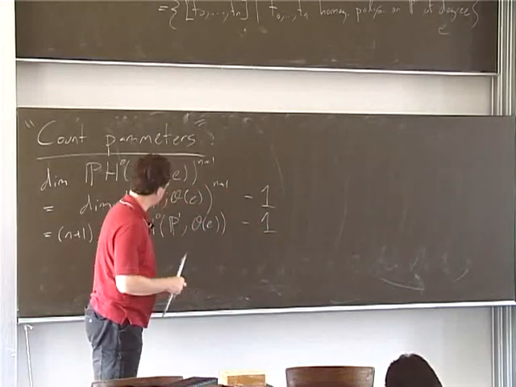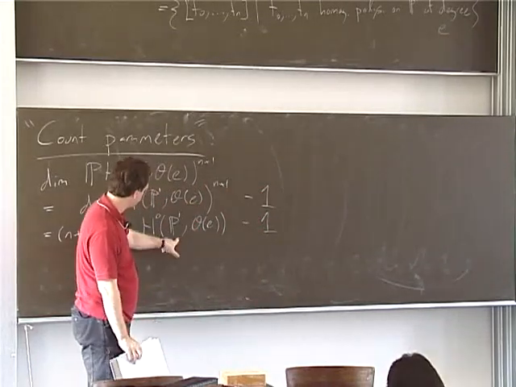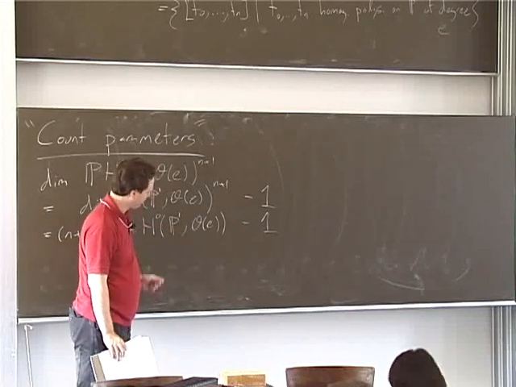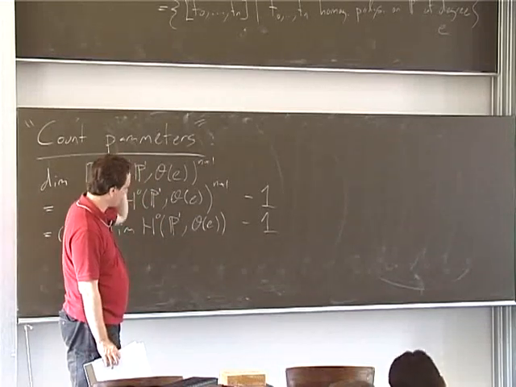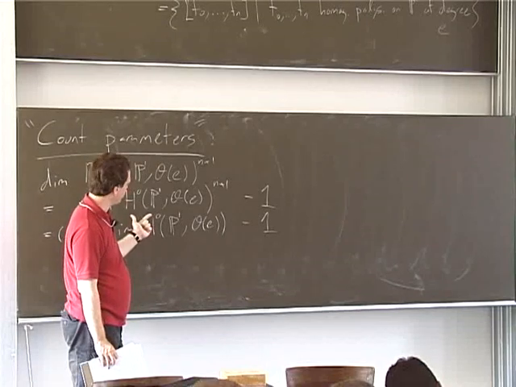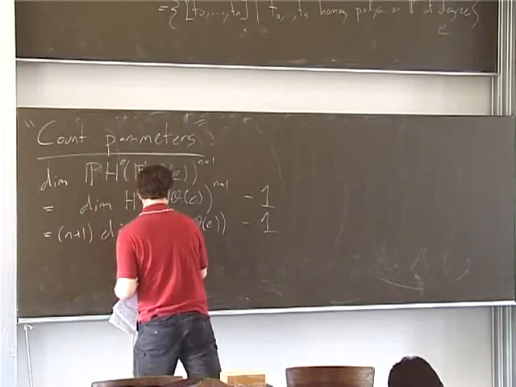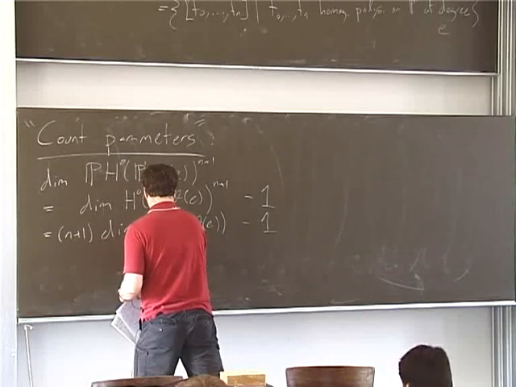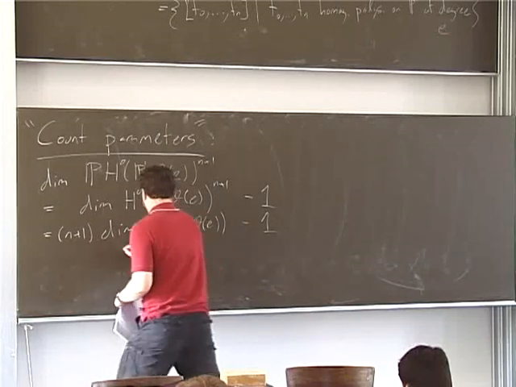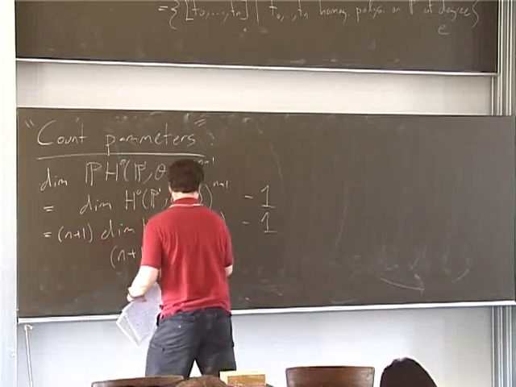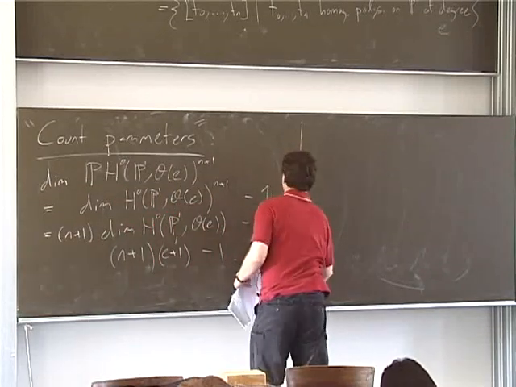But of course, if I choose coordinates x0, x1 on P1, then a basis for the space of polynomials is x0 to the e, x0 to the e minus 1 times x1, all the way up to x1 to the e. So this has dimension e plus 1. So we get (n plus 1)(e plus 1) minus 1. So this is the dimension of the space.